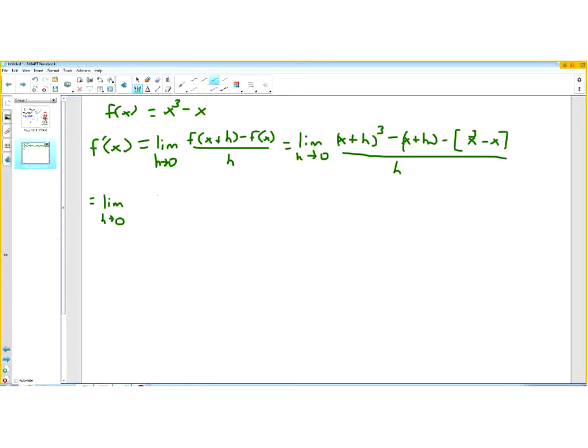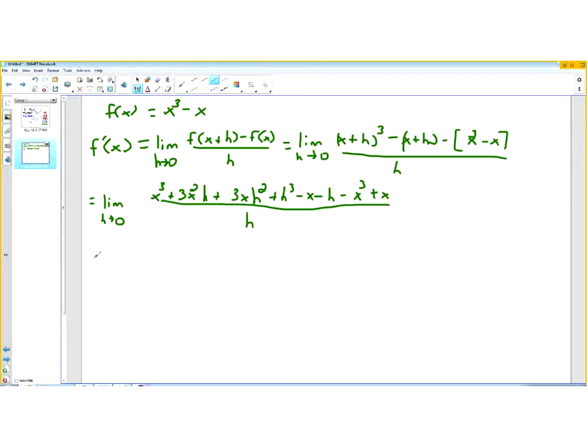And there are a number of resources available that you can use to refresh yourselves on how to expand polynomials, or especially the cubes of binomials. All right, so x plus h cubed would be x cubed plus 3 x squared h plus 3x h squared plus h cubed, minus x, minus h, minus x cubed, plus x. So that would be the numerator, all of this divided by h.